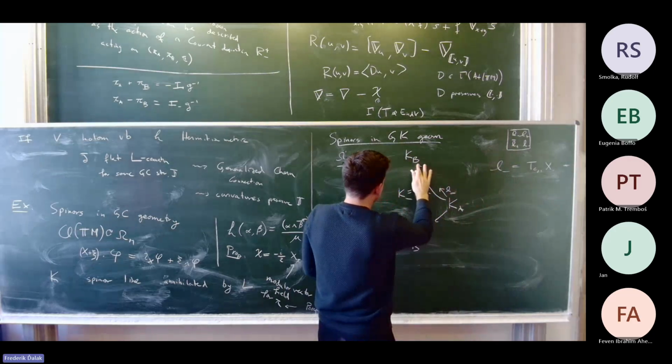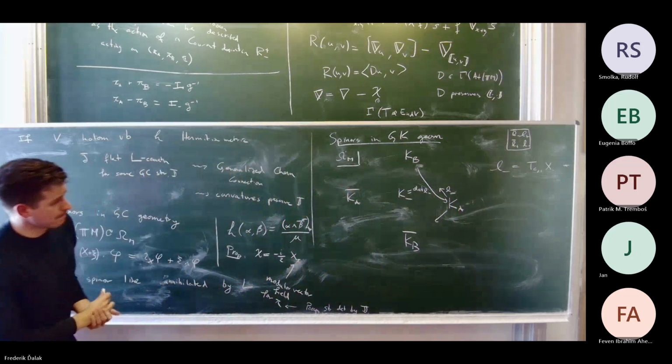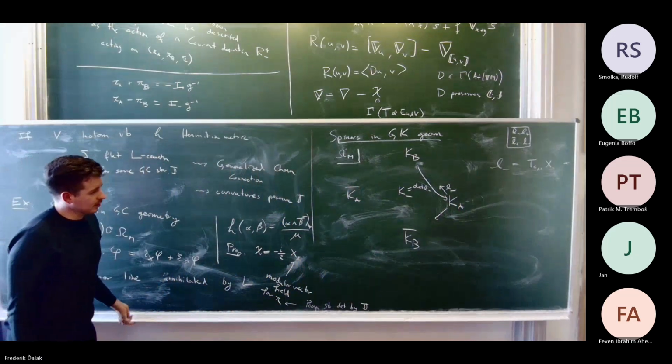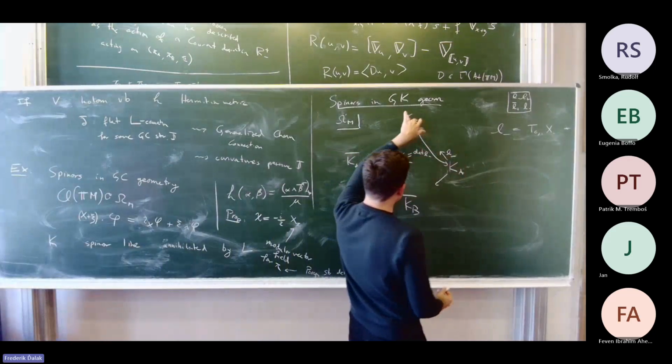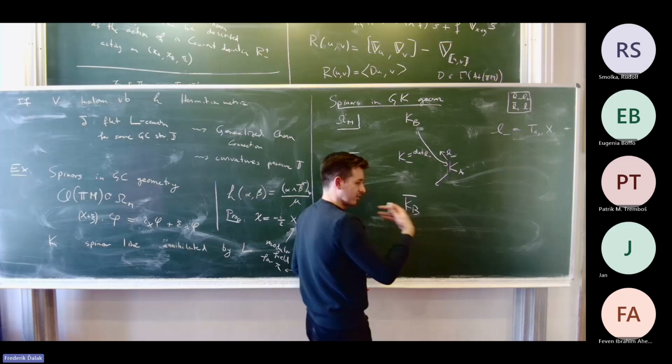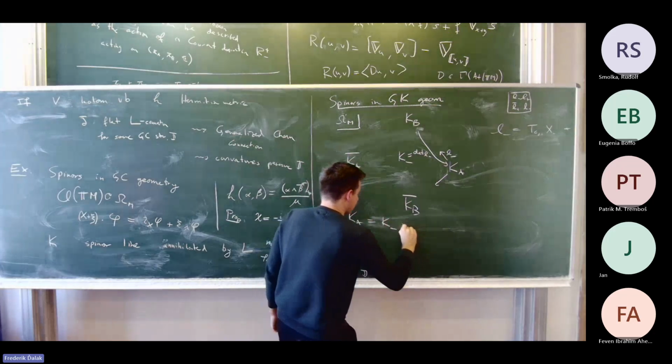I think I want the arrow the other way around. Okay, so we have this relationship between K_A and K_B, which is given by the canonical bundle of the usual complex structure.